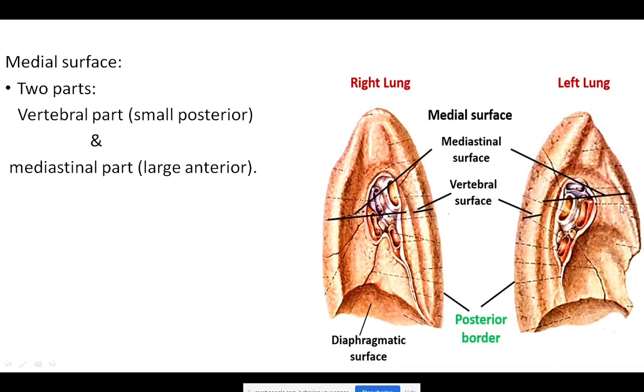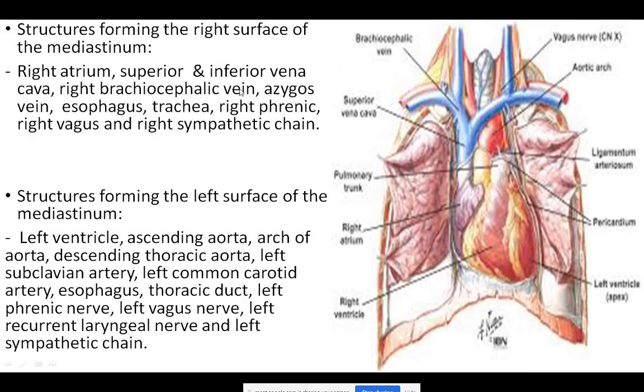Around this region, on the right lung, the structures related to the mediastinal surface, the medial part of the medial surface of the lung, are the right atrium of the heart, and then the superior and inferior vena cava.